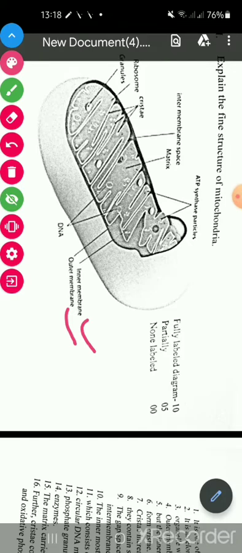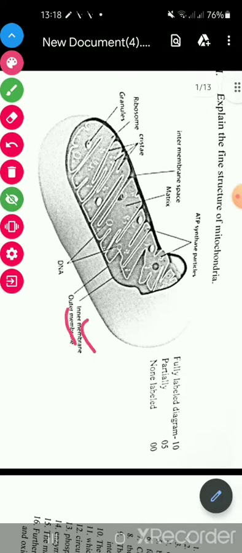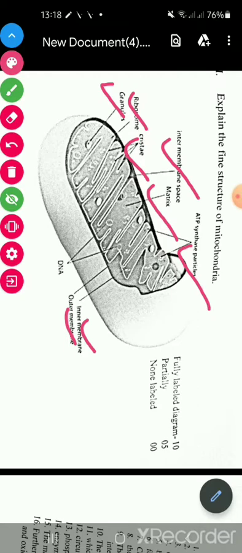And then you should show the granules, the ribosomes, cristae, intermembrane space, matrix, ATP synthase particles. I don't think that's that essential, but it's better to label all this. If you draw a good diagram and label all the components, you will get all 10 marks.